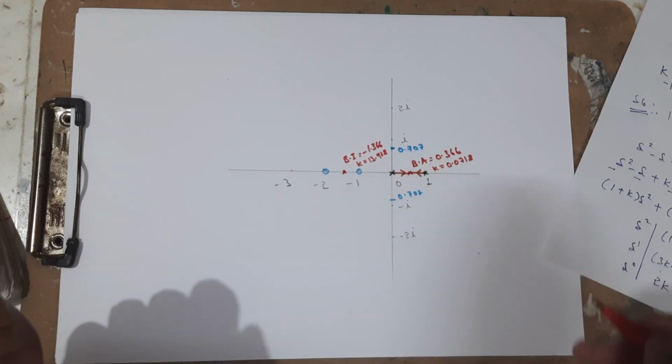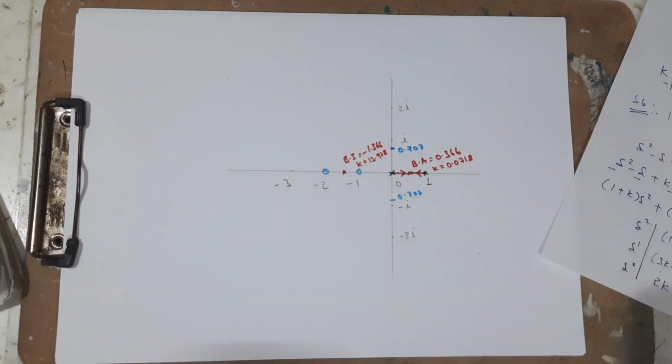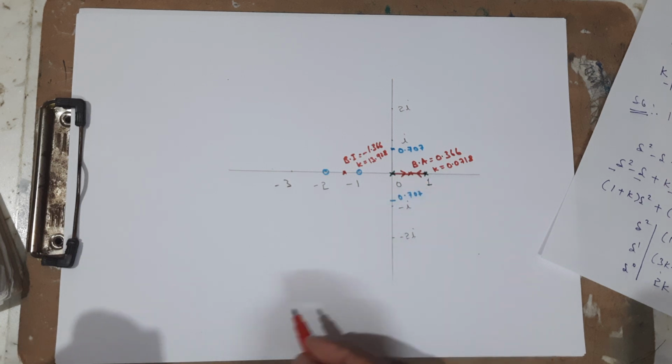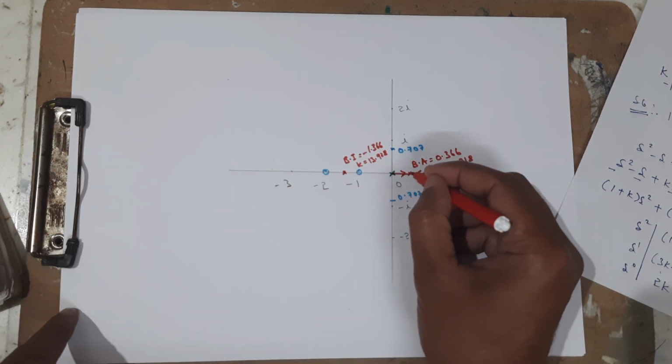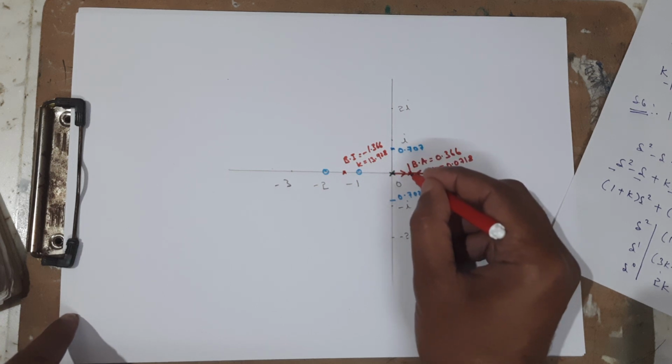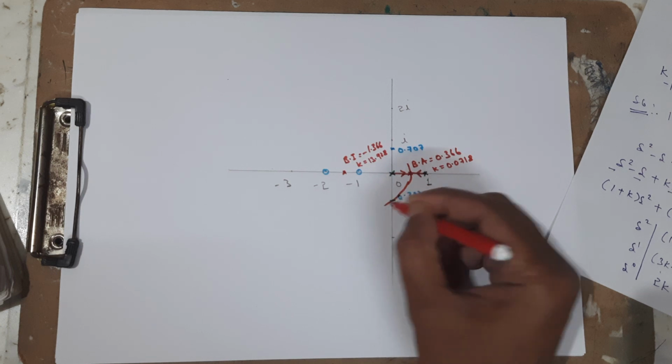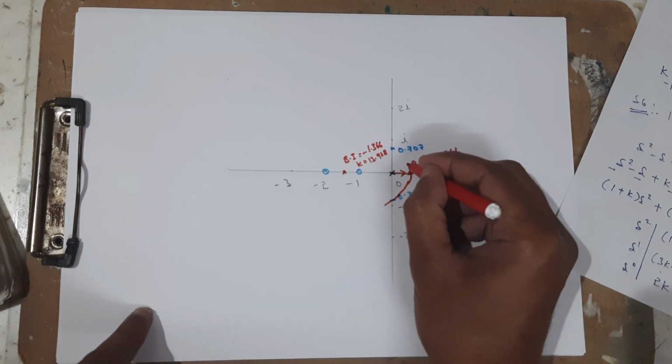So when the value of k is increased from 0 gradually, the branch is going to proceed like this. When it arrives at the breakaway point, one of the branches is going to break from here and the other branch is going to break and move towards the intersection of root locus with the imaginary axis.